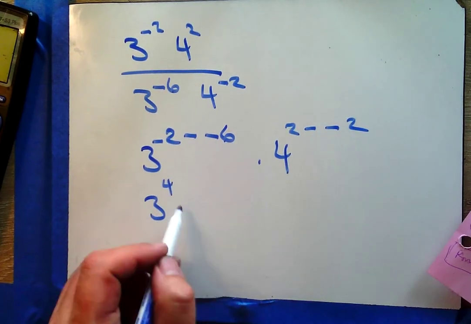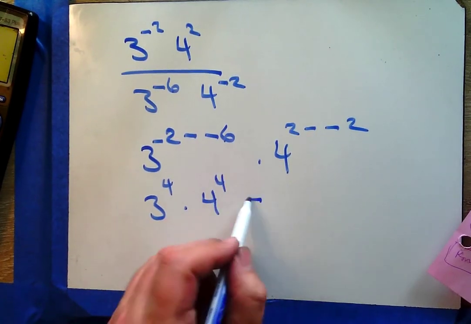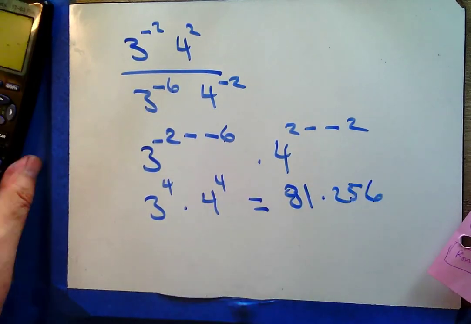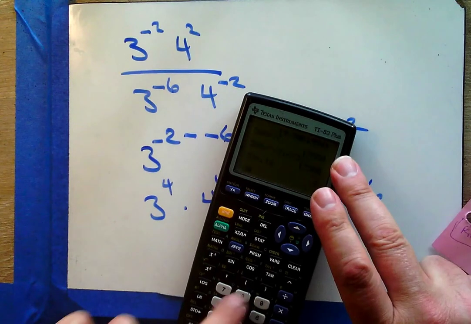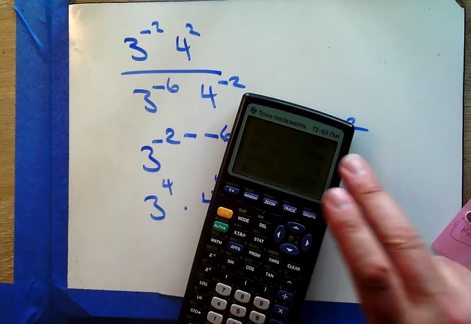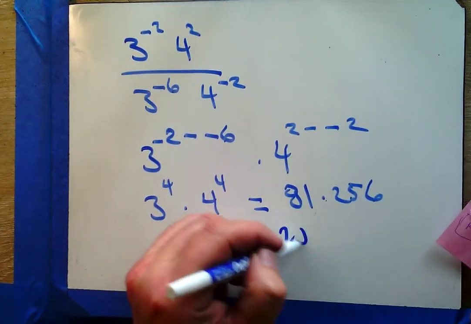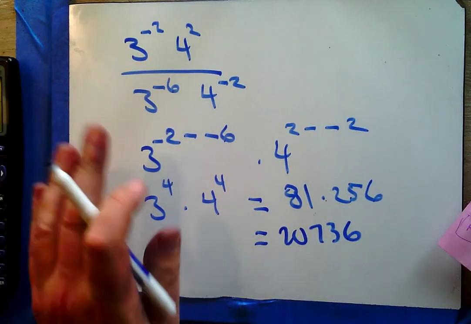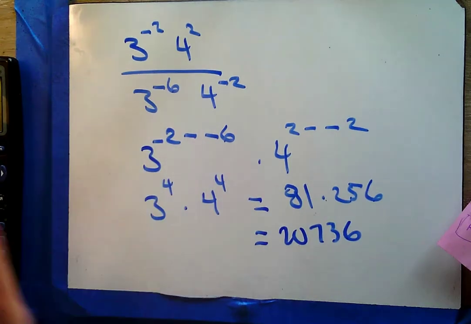That's going to be 3 to the fourth times 4 to the fourth, which is 81 times 256. I need a calculator for that one. 81 times 256, and I get 20736.